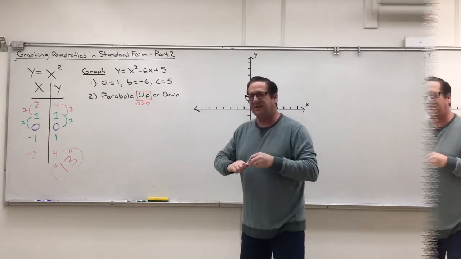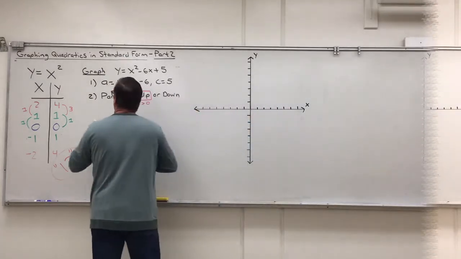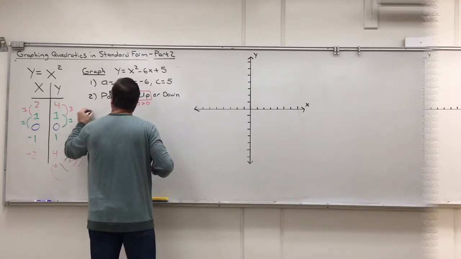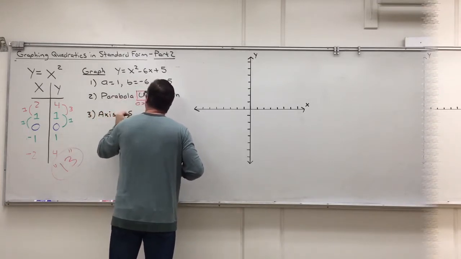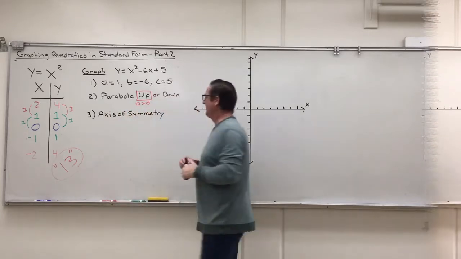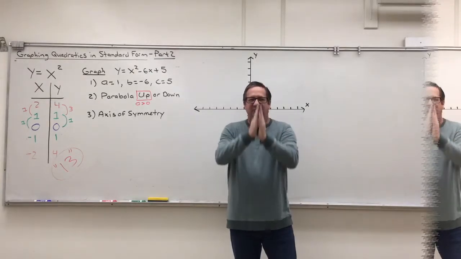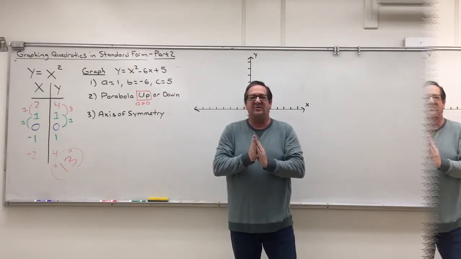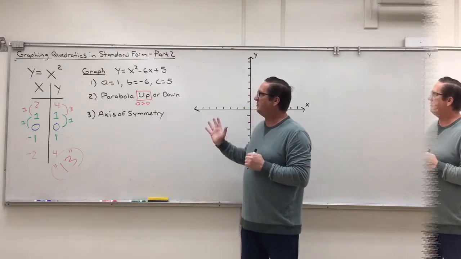Okay, here's the part where we really start doing our work. We need to find that imaginary line because our vertex sits on that imaginary line. We have no way of knowing where our vertex is. It is not at 0, 0 anymore.